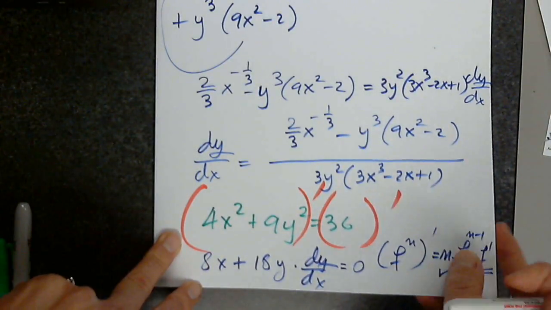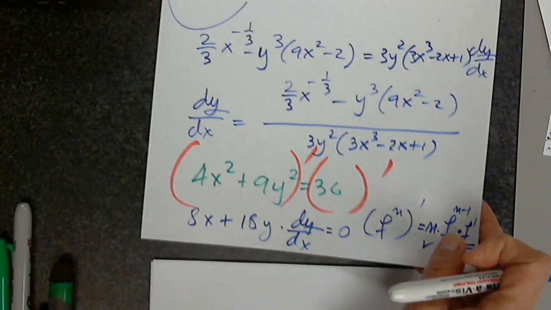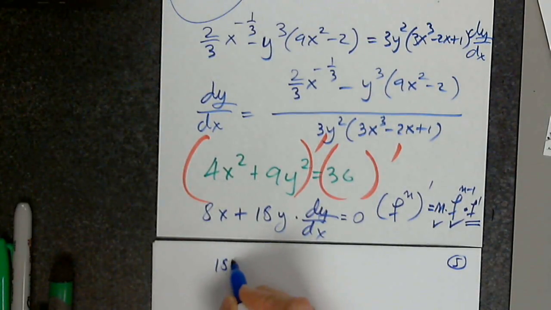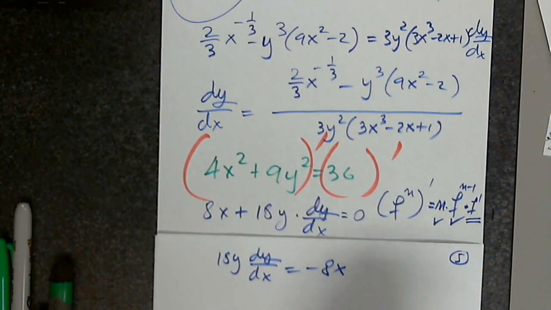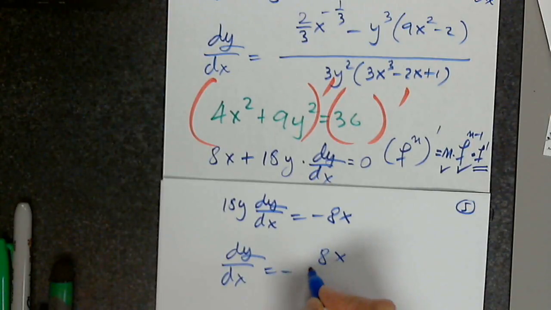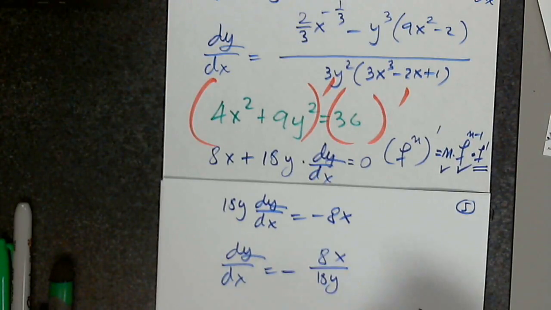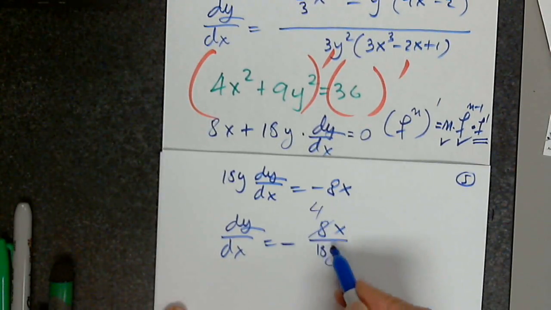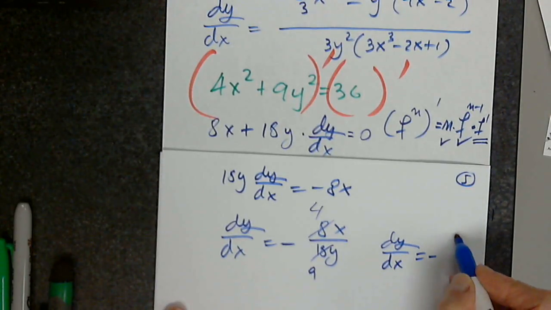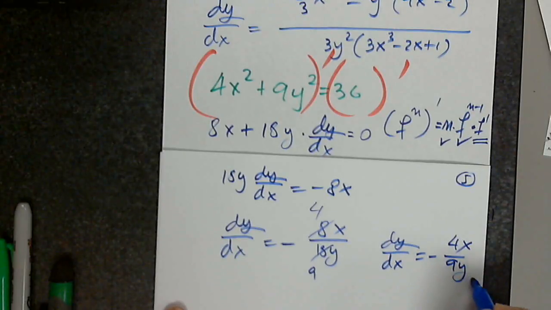So then I move 8x to the other side. I'm solving for dy over dx. So 18y dy over dx equals negative 8x. So dy over dx equals negative 8x over 18y. And of course, I'll simplify by 2. So dy over dx will be negative 4x over 9y.